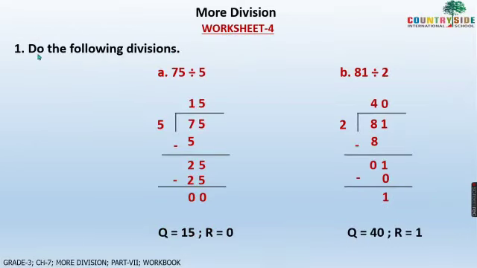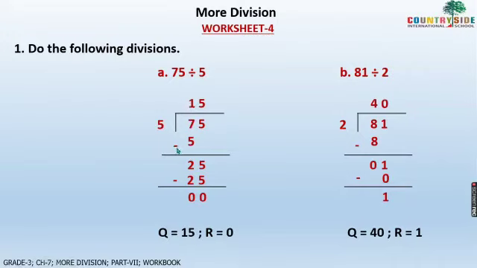Do the following division. Now here 75 divided by 5. When we divide this 75 by 5, what will we get, children? We will take one digit. In the 5 table, does this 7 come? No. So take a smaller number. 5 ones are 5.